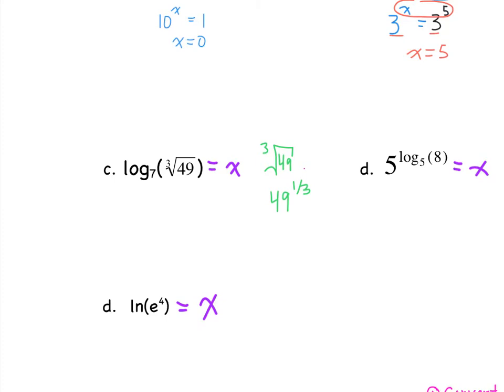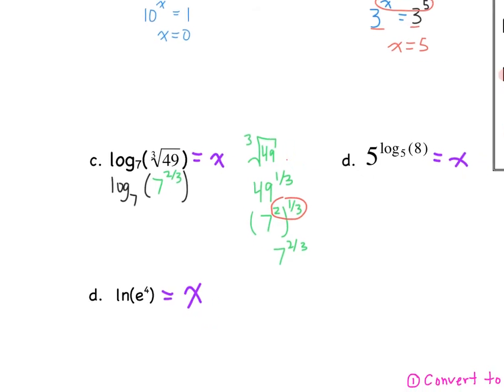Okay, 49 stands out to me. 49 is a perfect square. So 49 is like saying 7 squared, all to the 1/3. Well, when we have a power of a power, we can go ahead and say, well, that's 7 to the 2/3. So if we just rewrite this, log base 7 of 7 to the 2/3.